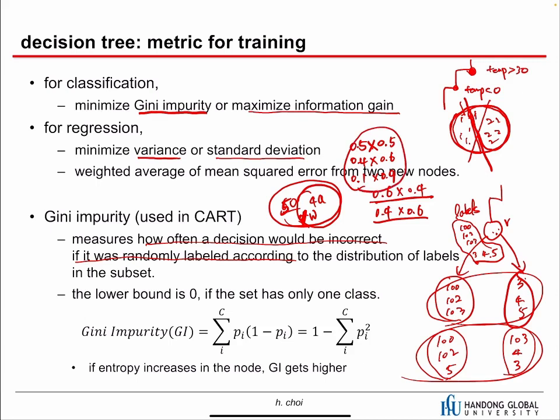Okay, Gini impurity. And if we have only one class, if all the samples are in one class, so in this node we have 10 oranges, then in this case we are going to say orange 100% of the time. Then what percentage are we going to be incorrect? 0%. So when we multiply, it is a 0.